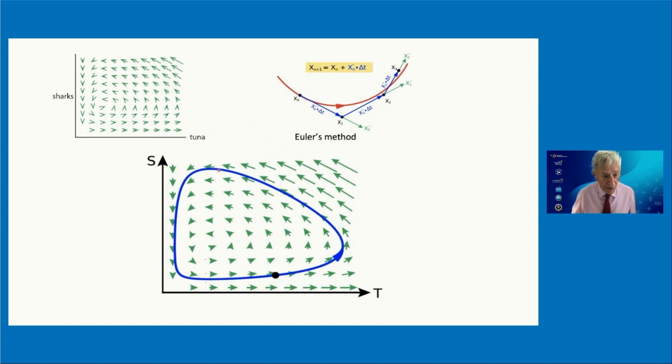If you do that with Euler's method, this is what you get. This is the trajectory predicted by the change equation. And the point I need to stress is there is no equation for the blue curve.